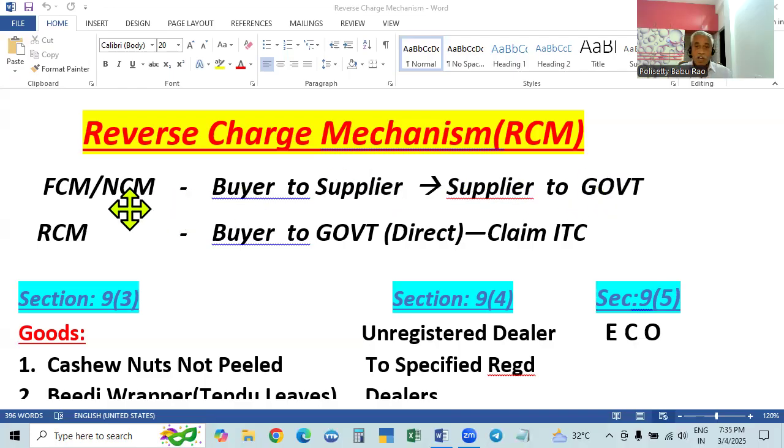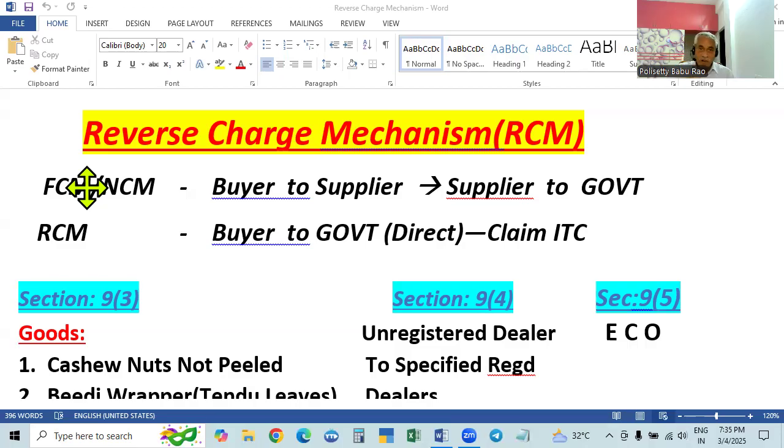This method is called the normal charging mechanism. Normally this will happen in all transactions. That is why this is called the normal charging mechanism, or it is also called the forward charging mechanism. That means the buyer or the recipient will forward the tax to the supplier, and the supplier will forward the GST to the government.